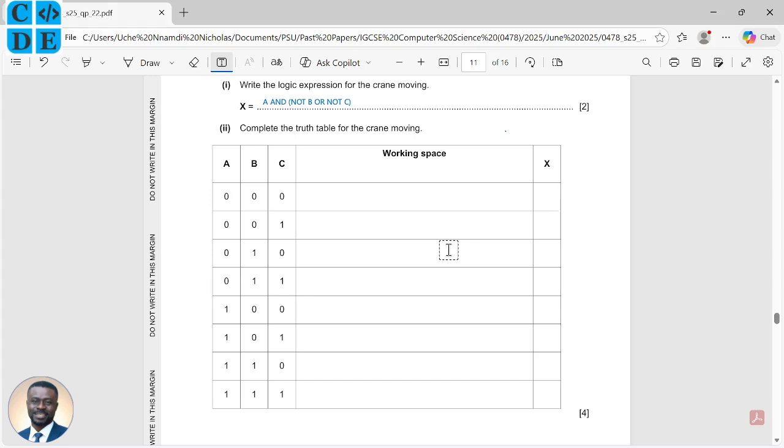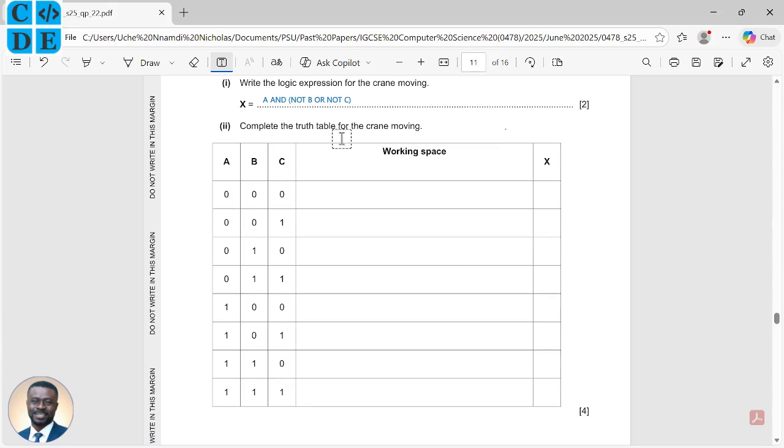So the next part is for us to complete the truth table for the crane moving. So we are now going to use this to complete this. Now the problem is, if you're wrong here, then the chances that you'll be wrong here are very high. In my usual way, I would like to use this working space because I think it's going to make the work a lot smoother for us. So what are we working with?